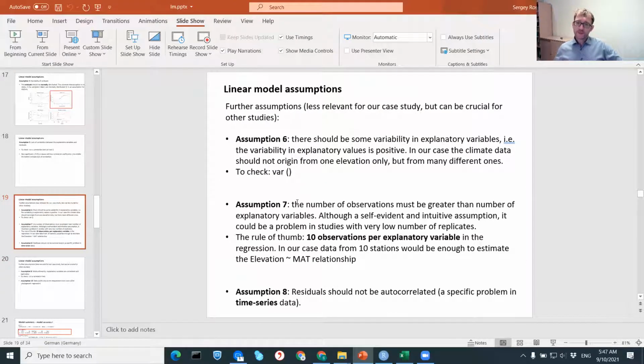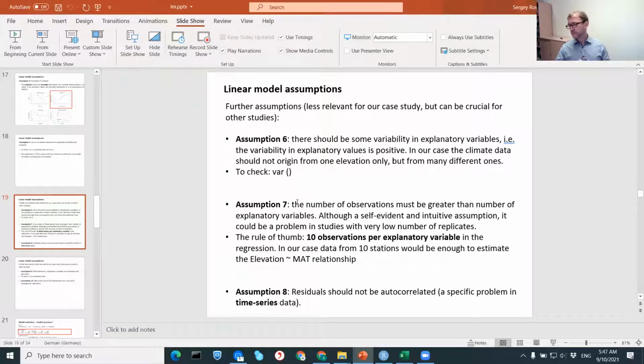Another important thing is that it is recommended to have as many data points as possible. I have another case study where I'm helping my colleagues. We have basically 10 data points. They collected seeds in different years, and now we want to find out whether climatic conditions in these different years have any effects on seed viability.